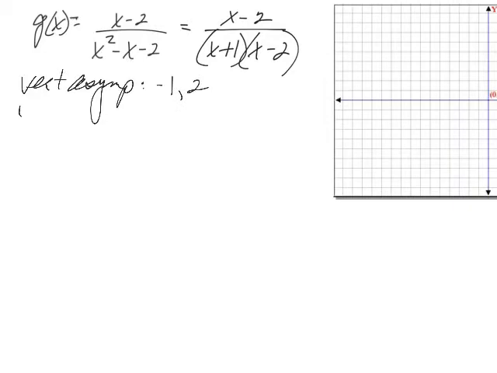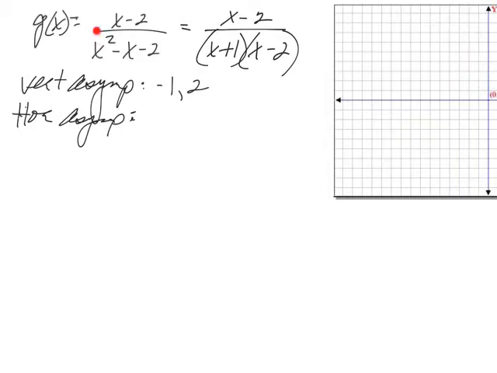And for the horizontal asymptote, we look at the original problem and find out what the exponents are of this one here and of this one here. Okay?